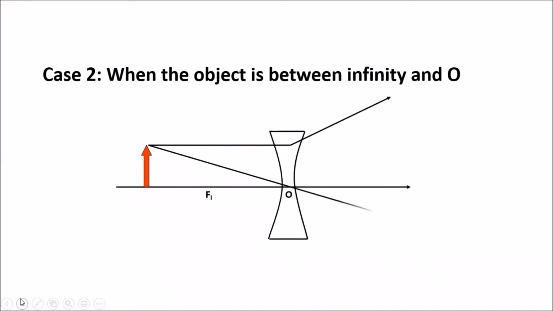Rule 3 we'll draw is the ray passing through optical center goes as it is. For rule 1, if we extend the rays backward, we will observe at this point the rays are crossing. This time one ray is really crossing, the other one we have brought backward, which means the image formed is not going to be real, because one of the two rays is virtually crossing, so the image formed is virtual and erect.